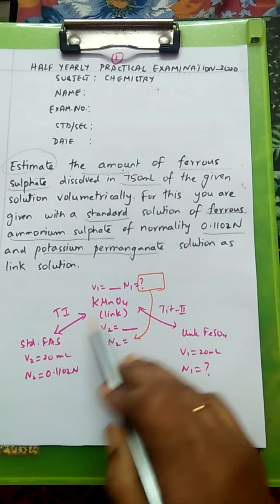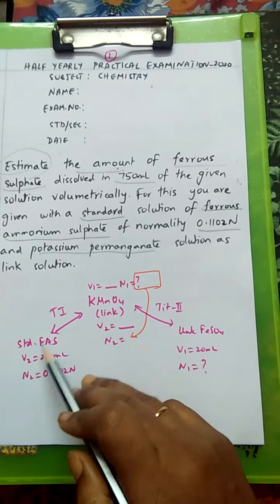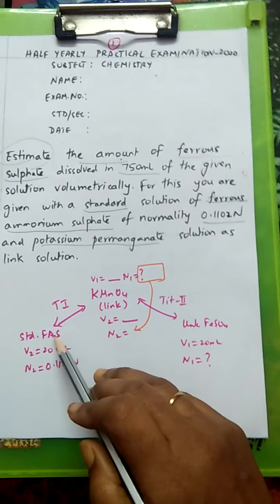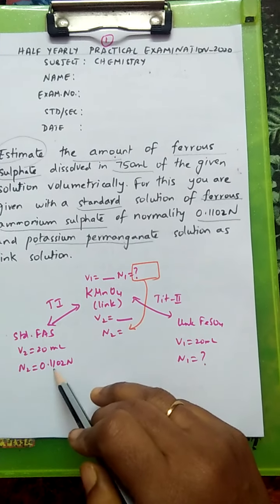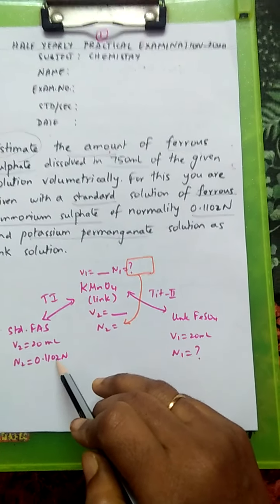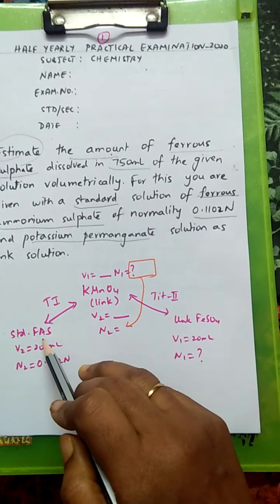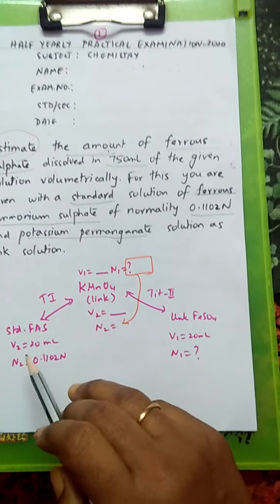In the first titration, KMnO4 is taken as V1 and N1, the volume of KMnO4 is V1, normality of KMnO4 is N1. Ferrous ammonium sulfate volume is taken as 20 ml, normality is given 0.1102 N. Because it is going to be the pipette solution, we are going to use a 20 ml pipette, the volume is considered as 20 ml.